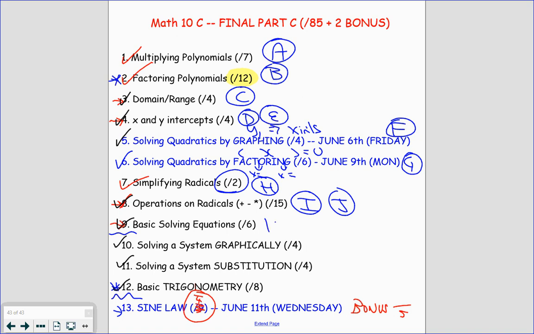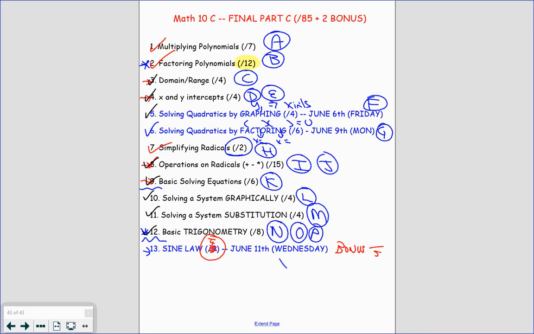K is your basic solving. L is solving graphically. M is substitution. N, O, and P are basic trig. And then sine law is the last sheet. I called it Q.